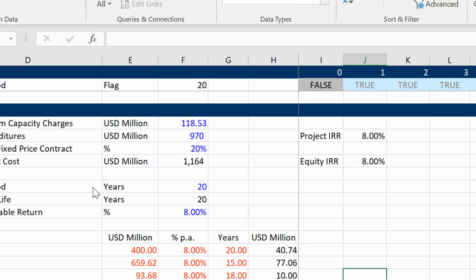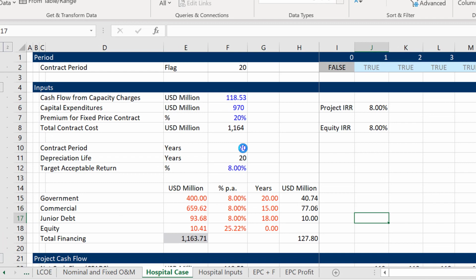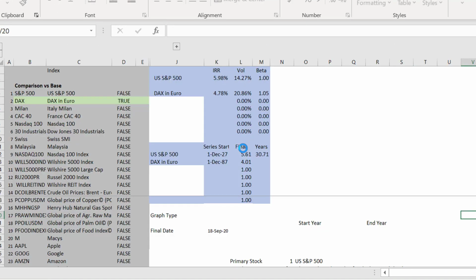I open this file called Comprehensive Stock Price Analysis, and then I try to tell people about the IRRs.